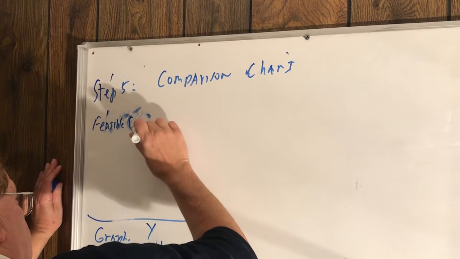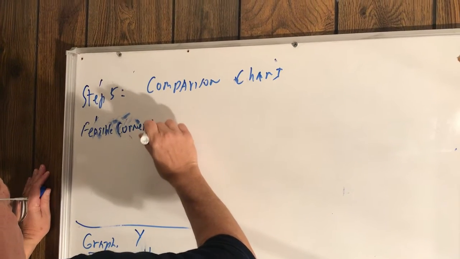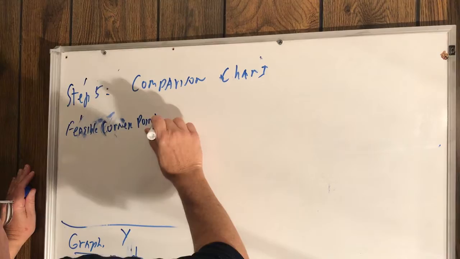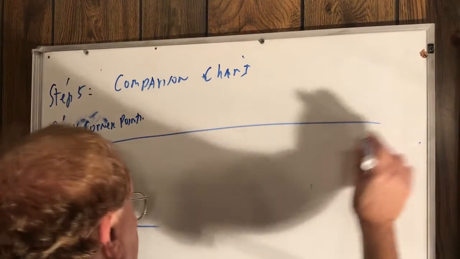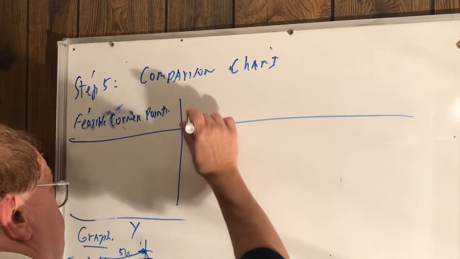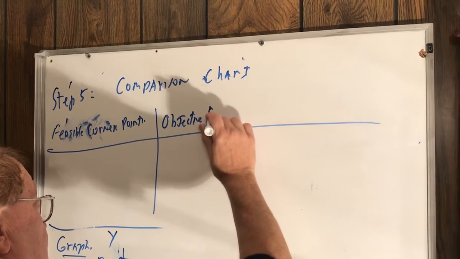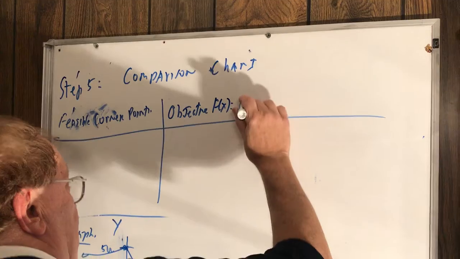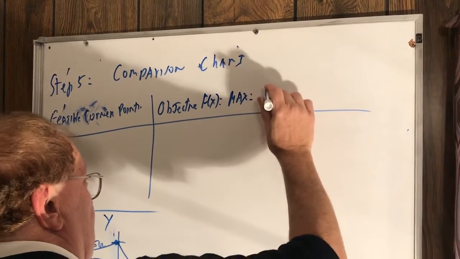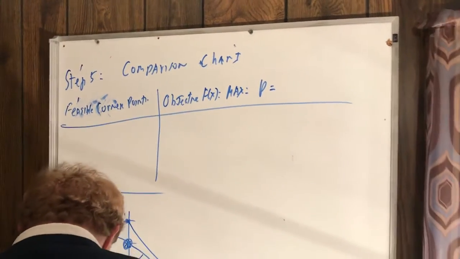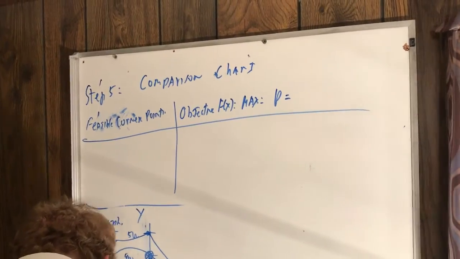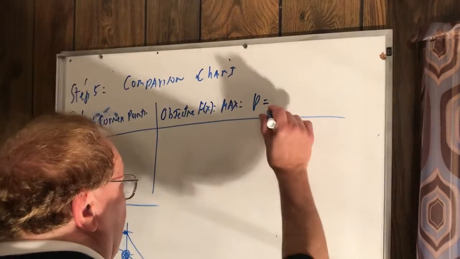Feasible corner points. Let's write it like this. Feasible corner points. And the objective function. Maximize P equals, I believe that was, I took it off the board, but it's 30x plus 35y.